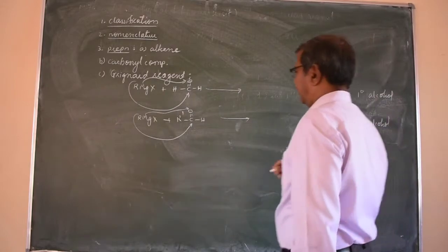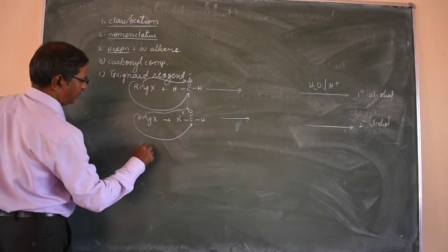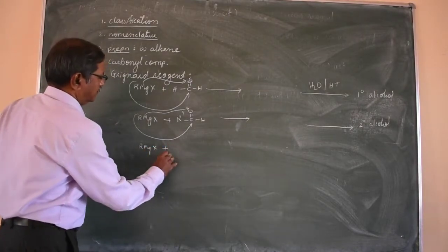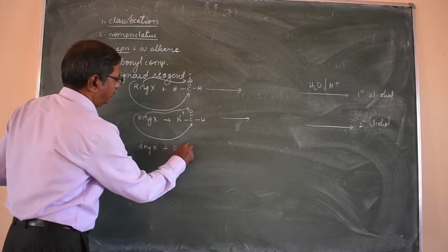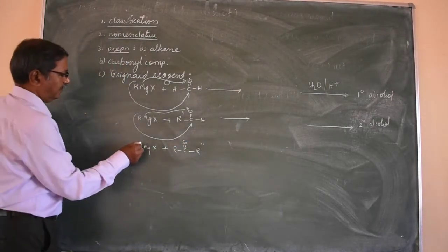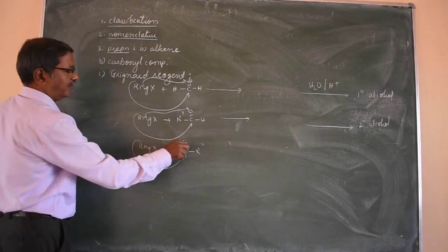And the tertiary alcohol is obtained by treating RMgX with ketone C double bond O, R dash or R dash dash. Here R links to the carbon because the electron movement takes place here.